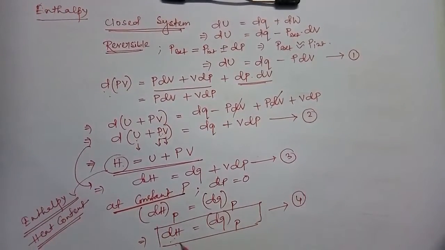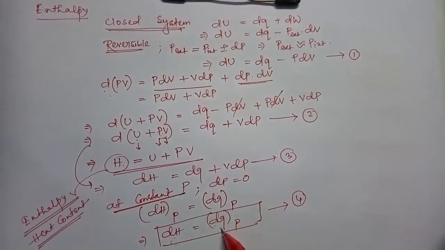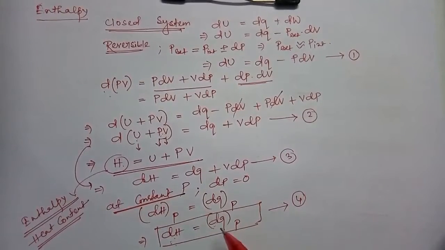So how can a perfect differential be equal to an imperfect differential? Only under the constant pressure condition does dq have to be a perfect differential in order to validate this equation.